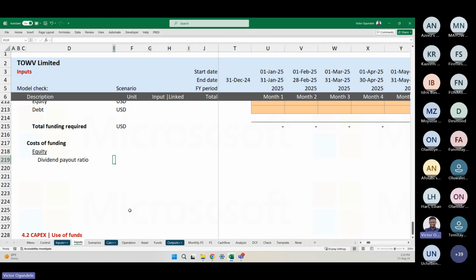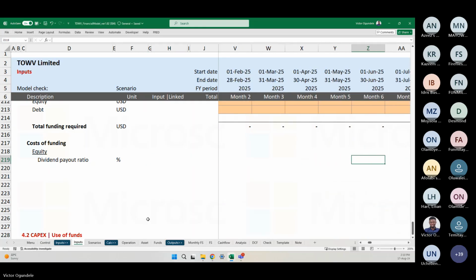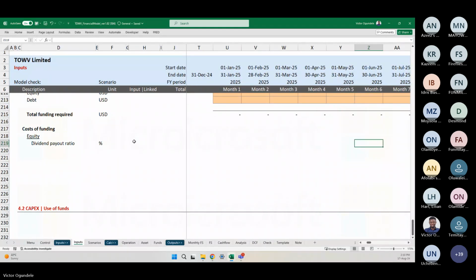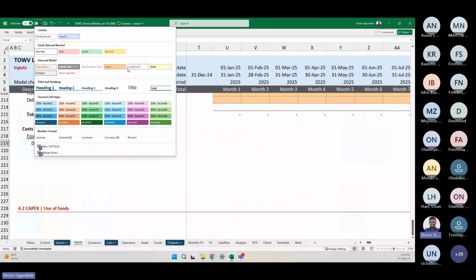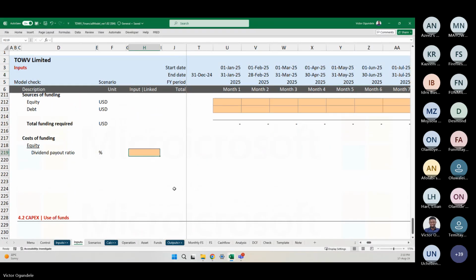Let's have our dividend payout ratio, put it as a percent, and then they can always input this. But maybe let's use a single input for that. Or maybe 40%.